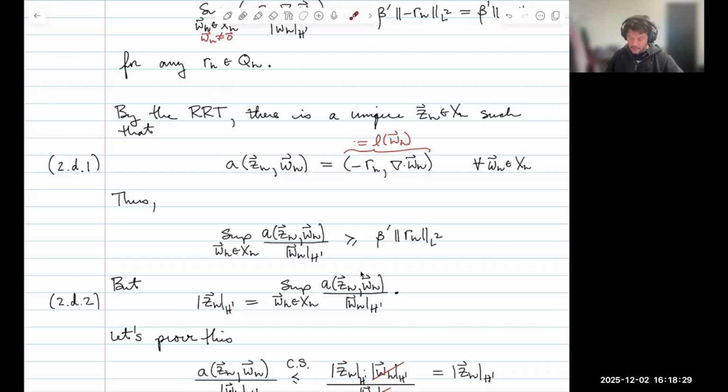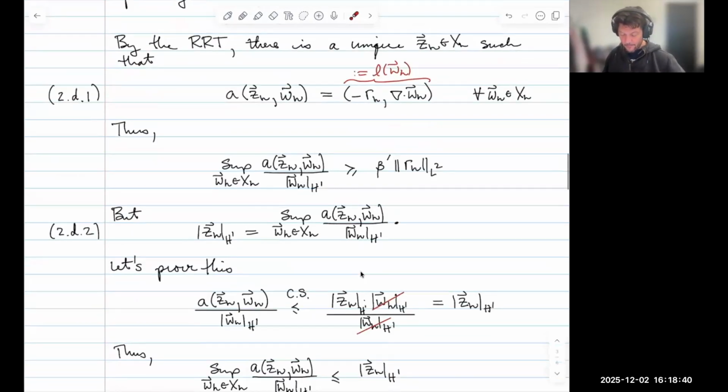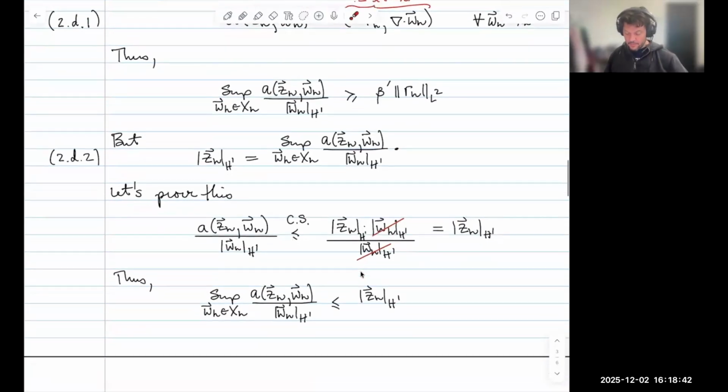Now let's look at this object here. This object is actually just the H1 seminorm of ZH. And in fact, I can prove this fairly easily. So how can we prove this? First notice, let's take this quotient here. By the Cauchy-Schwarz inequality, it's less than or equal to the H1 seminorm of ZH times the H1 seminorm of WH. But there's an H1 seminorm on the bottom, so I get cancellation. This says that this quotient is always less than that norm.